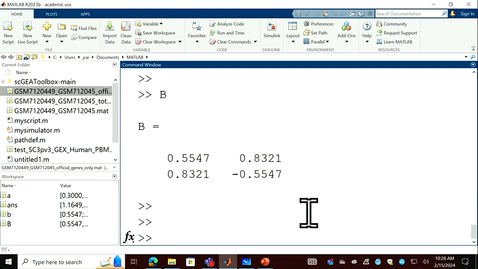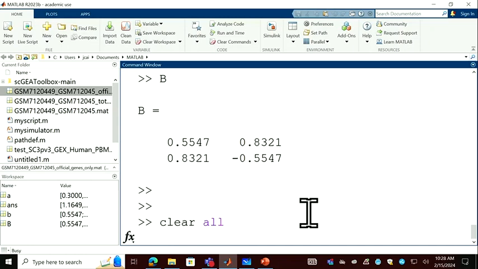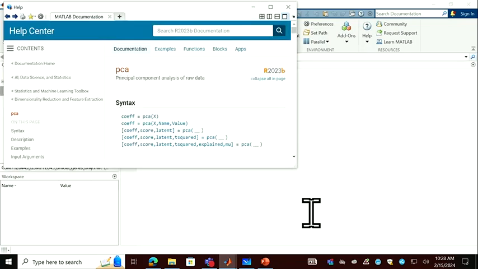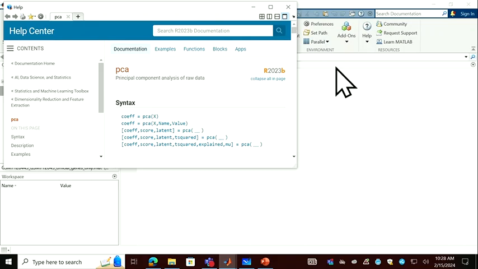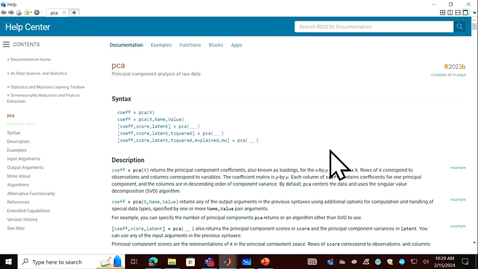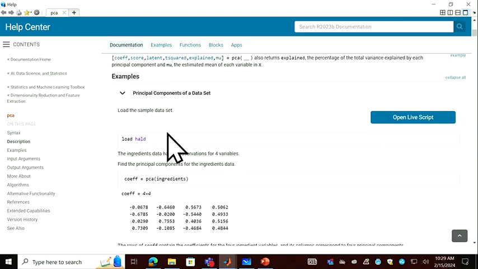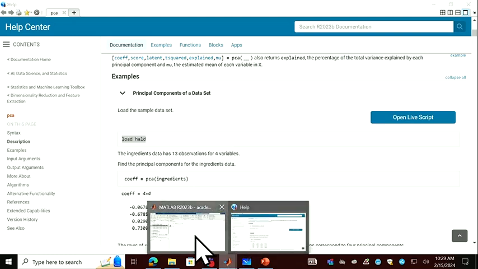So here we are going to use an example data set. Let's clear all. Let's look at the documentation of PCA. We are going to use their example data set, so we can just load this, hald.